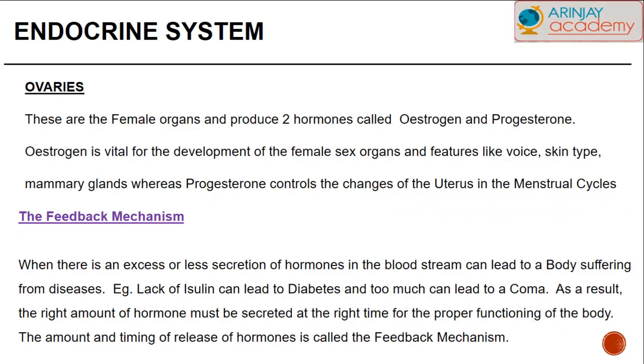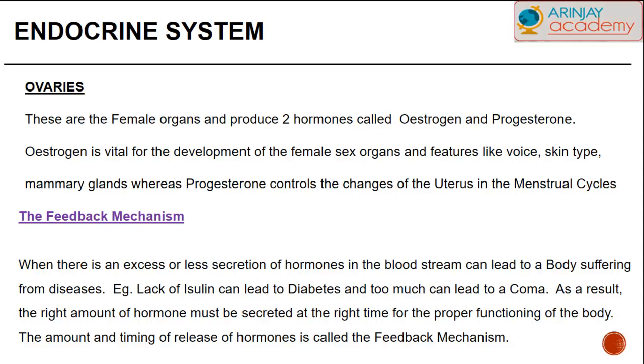The ovaries, which are the female sex organs, produce two hormones called estrogen and progesterone. Estrogen is vital for the development of the female sex organs, and features like the voice, skin type, and mammary glands, whereas progesterone controls the changes of the uterus in the menstrual cycles.